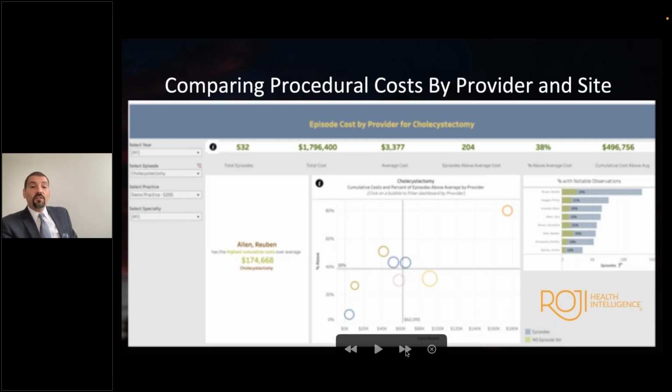There may be a reason for it. We've seen groups where there is one provider who, in the cholecystectomy example, would always do them open rather than laparoscopically. And when asked, it turned out that he wasn't doing it open for any reason other than that's how he had always done it. And so this helps to set the stage for asking those questions about why costs are higher for one person compared to another.